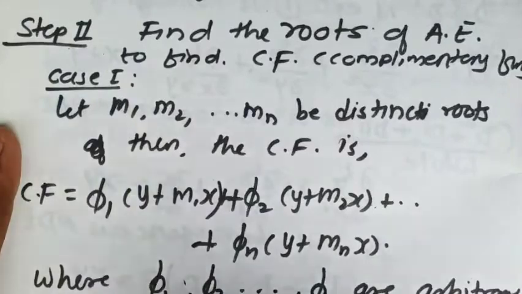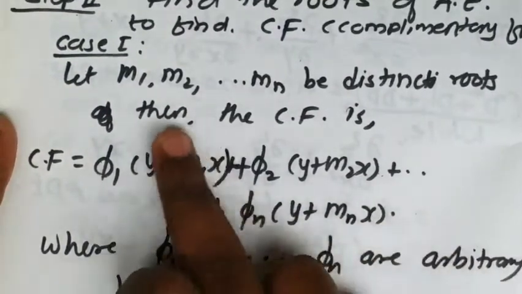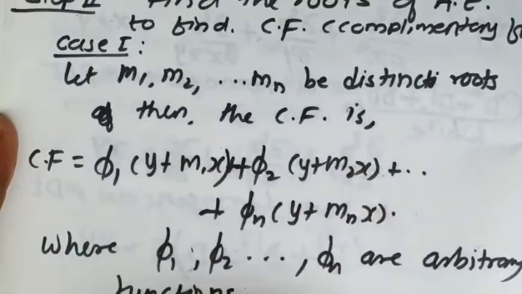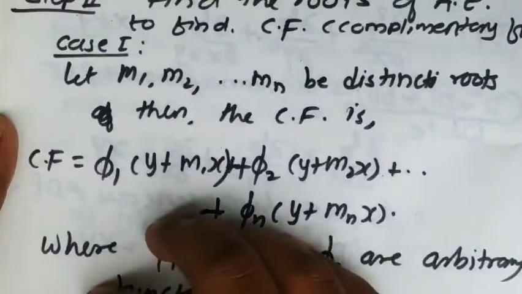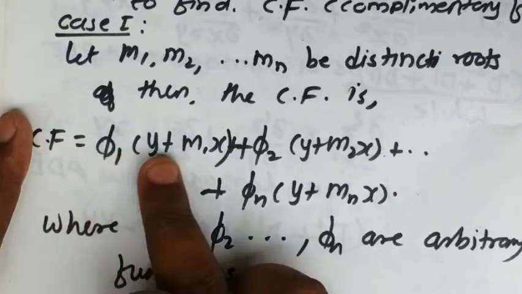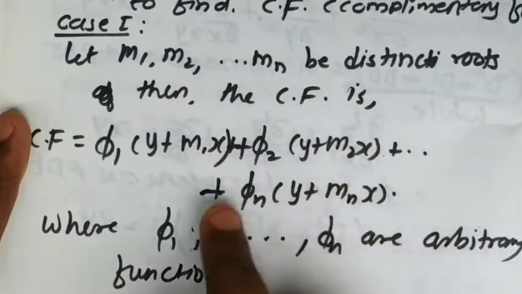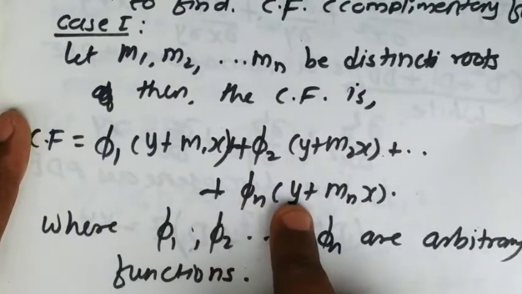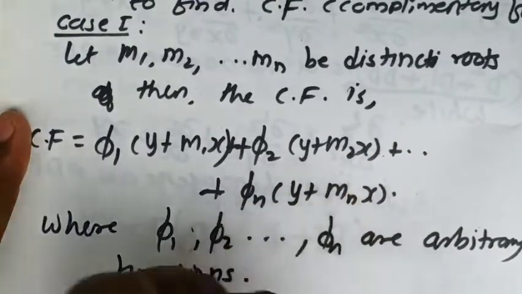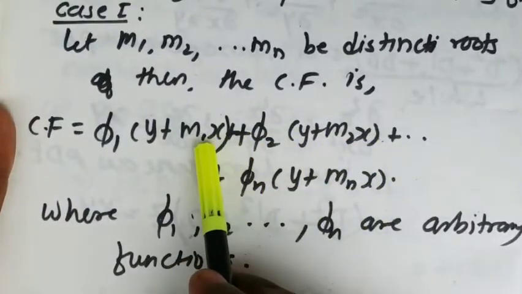Now there are some cases to write the complementary function. All the cases I am going to discuss one by one. Case number 1: if all the roots are distinct, then its CF can be written as φ1(y + m1x) + φ2(y + m2x) + ... + φn(y + mnx). So all the obtained roots we need to substitute in the coefficient of x.